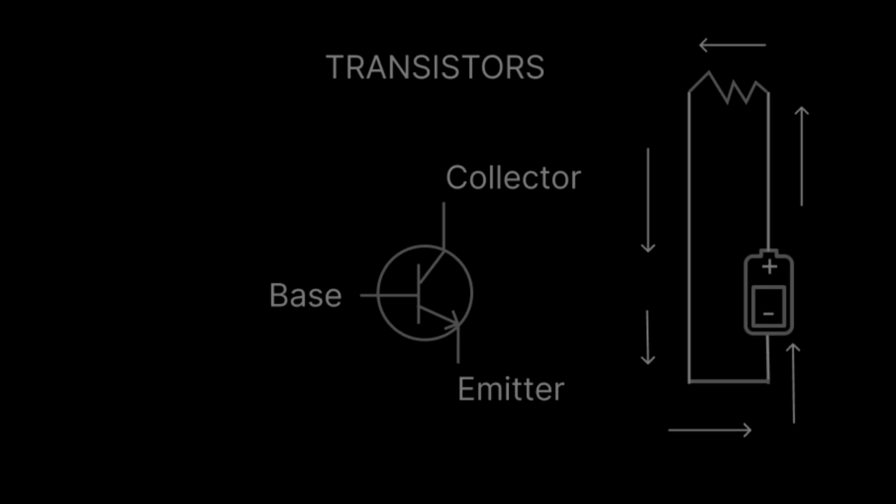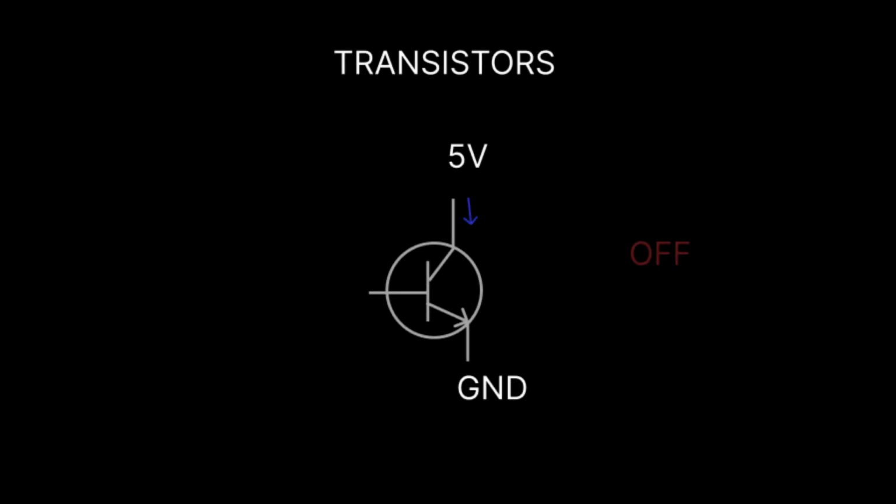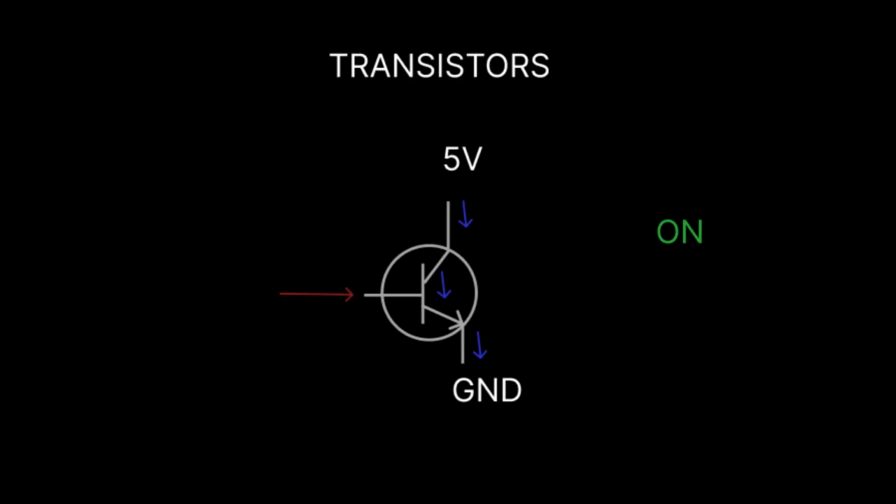When you send a small current to the base, it essentially opens the gate or acts the same way as a switch on your wall would. You flip it on and your bulb goes on. Same thing here, but without the moving parts. If no current goes to the base, then the switch is off and no current flows. If current goes to the base, the switch is on and current flows.